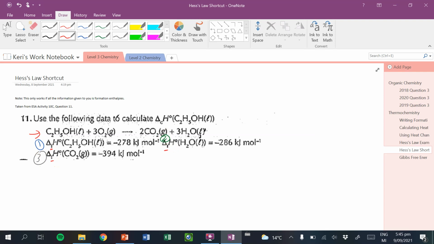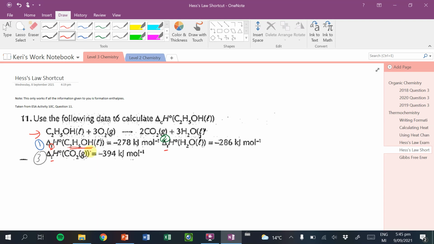Now, what you're going to do with this is check where these different components are located, and are there any multiples, because then you need to quickly do a multiplication or change of sign for that reaction. So, formation of ethanol. Remember, with the formation equations, these are all being shown as products.